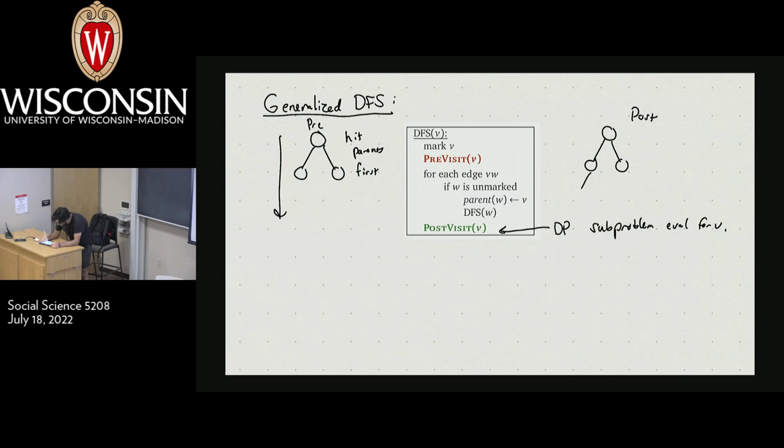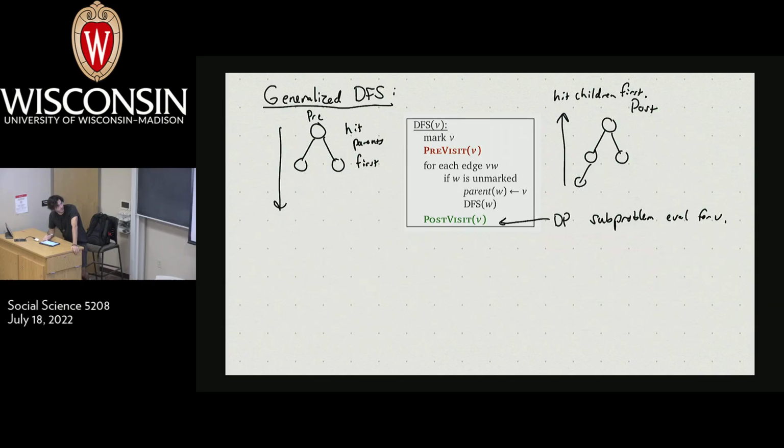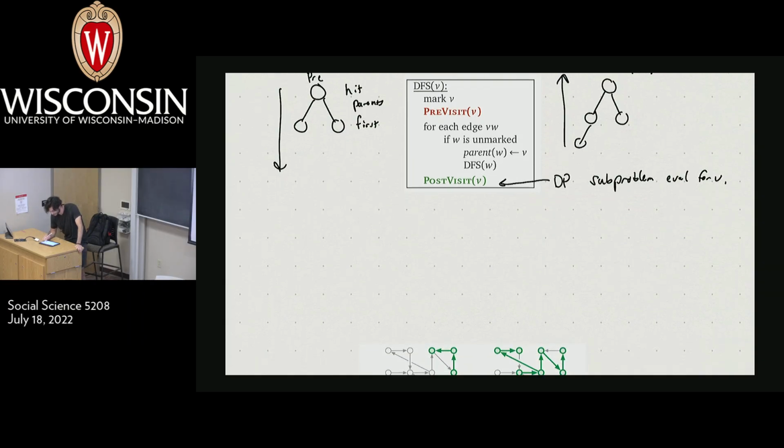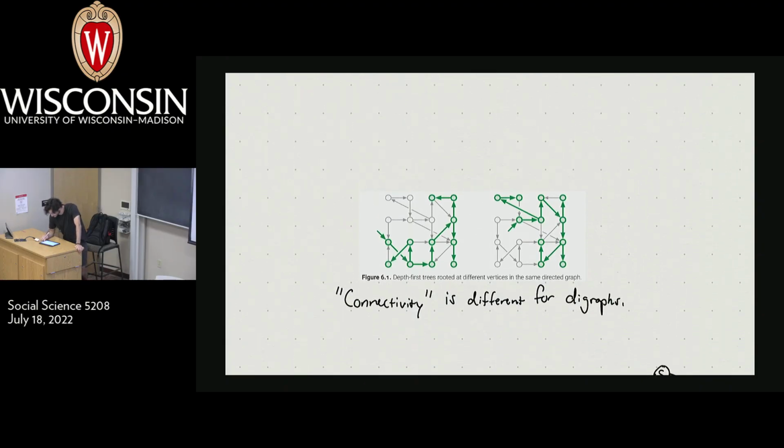That's where we're doing more of the bottom up, hitting children first. In general, you could have really complicated situations where you want to do both, and this template gives you that option. Otherwise, pretty straightforward. Where this is going to get complicated is when we use specific versions of pre-visit and post-visit.